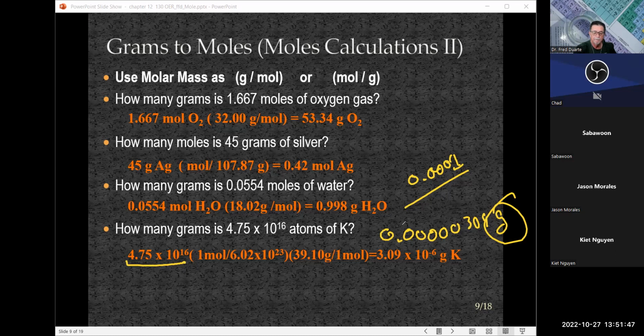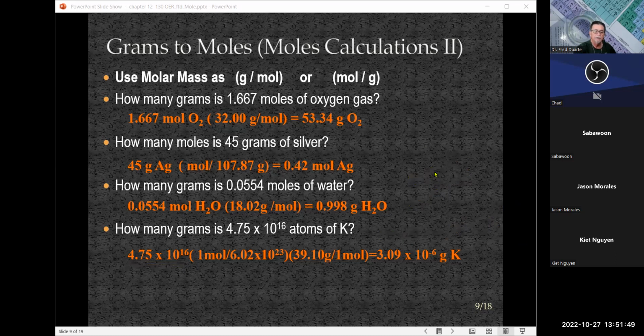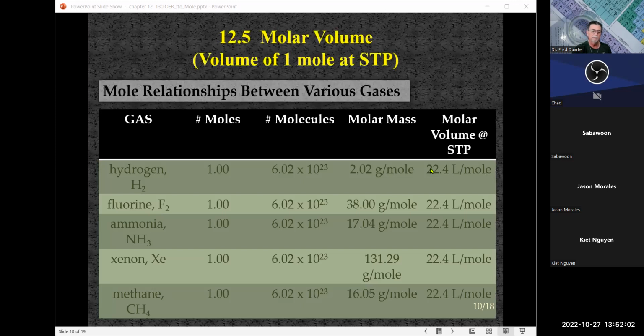So these are examples of converting from grams to moles, and one here that at the end was to go from grams to atoms to moles. Now, which brings us to gases. Okay, gases.